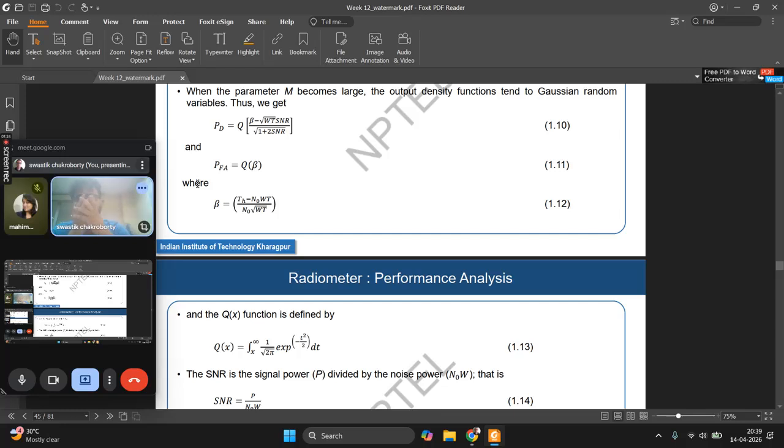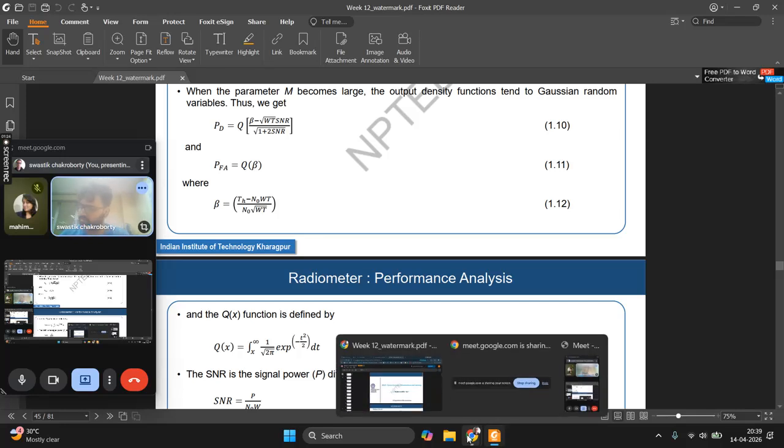So if you have PFA, you will have a Q table. Q value tables are very easily available on the internet. So if you have a particular PFA value, you can find the value of beta by following the Q table.